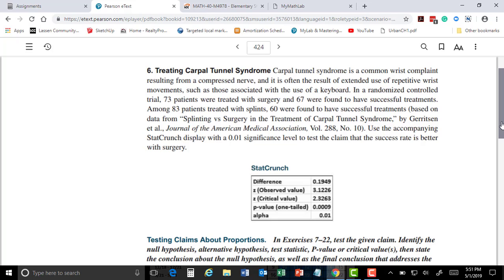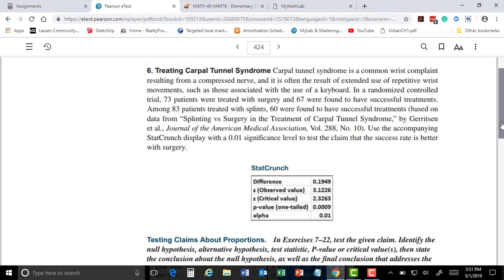And it was found that 60 had successful treatment. So this is actual data, from splinting versus surgery treatment for carpal tunnel, from the American Medical Association. Okay, so we want to know: is surgery worth it, or is it better to get a splint?